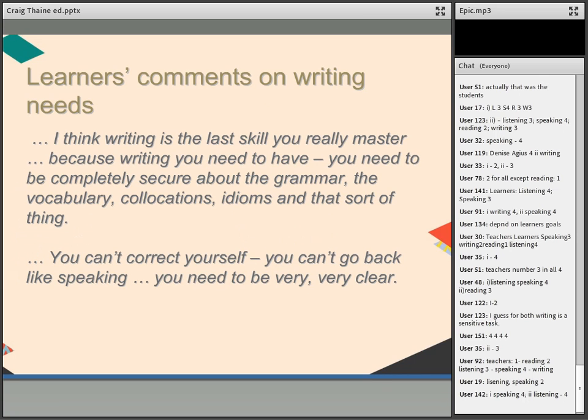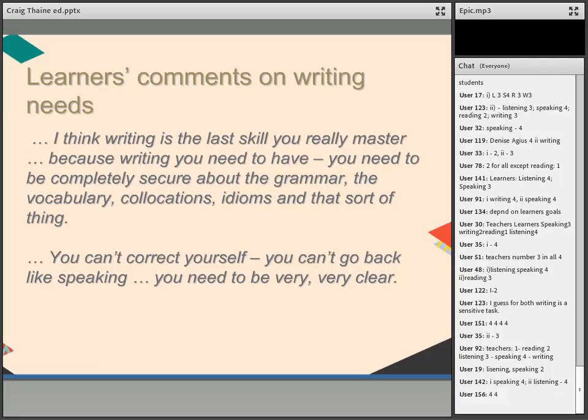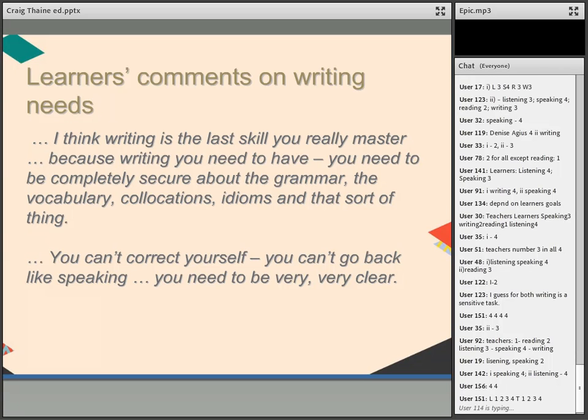So this is what learners had to say about their writing needs. These two comments are indicative of what the group of 5 felt. And in effect, it comes down to the fact that they feel that they need to be sure about their language, about their grammar, their vocabulary, collocations, idioms, all that kind of thing, in order to be able to write effectively.